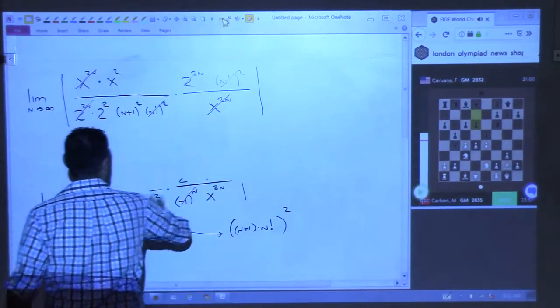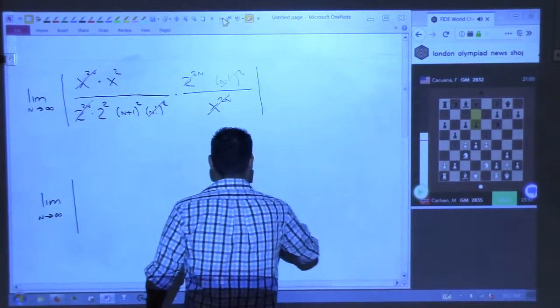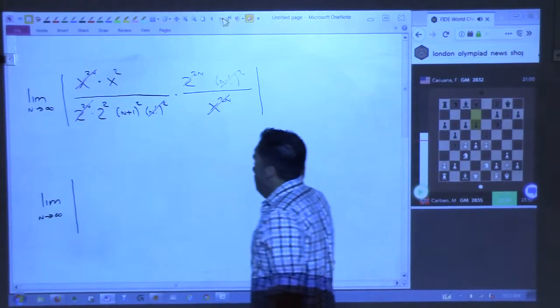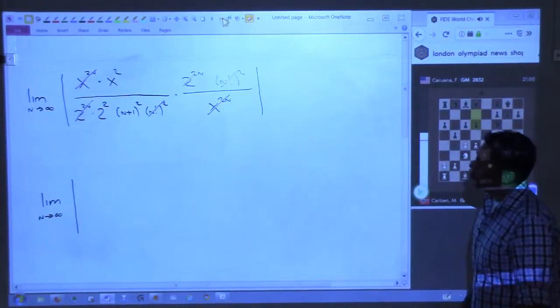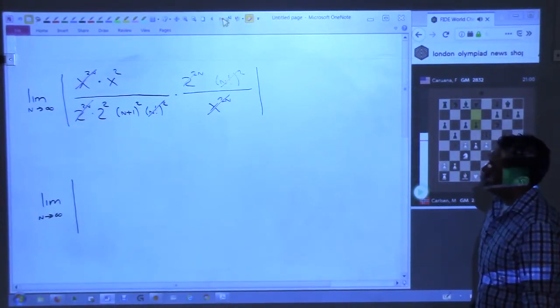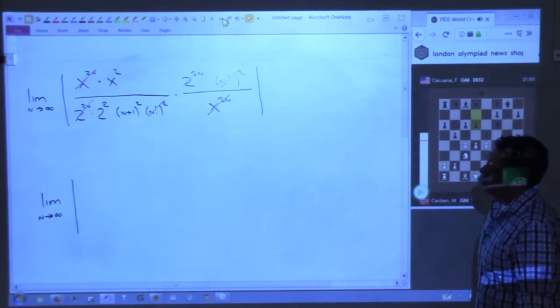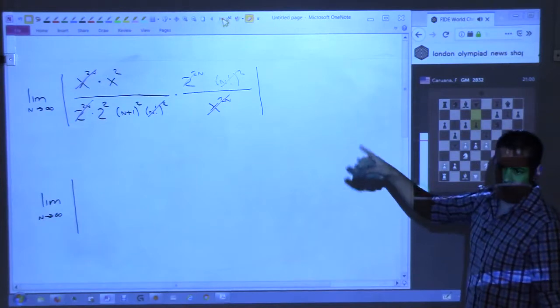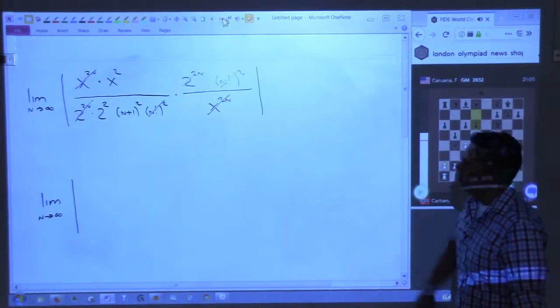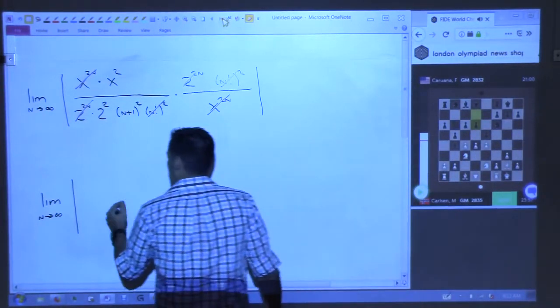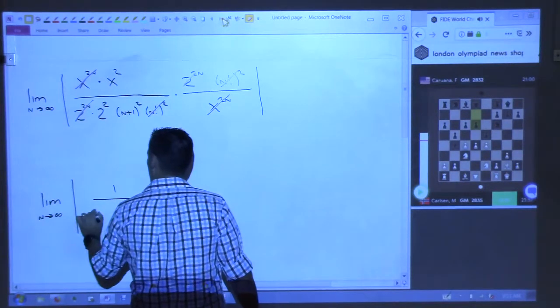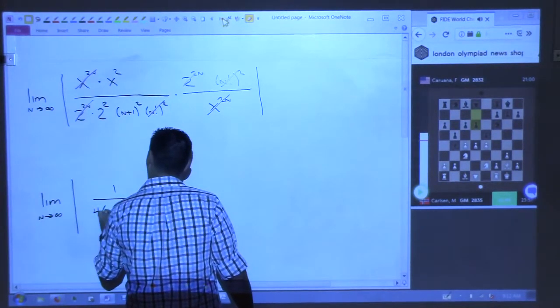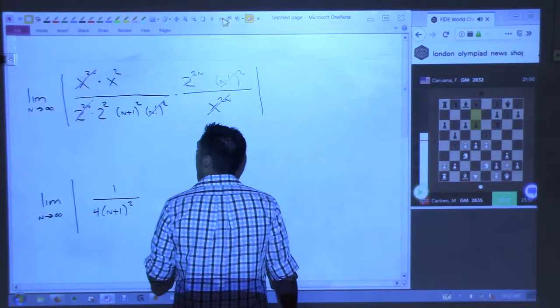Limit n goes to infinity. Okay, what's left on top? Just x squared. And on the bottom, what's left? So 2 squared and then that n plus 1 squared. Let's go ahead and square the 2 now. The reason I left it as 2 to the 2 was in case it canceled. So watch how I write this. 1 over 4 times n plus 1 squared, right?